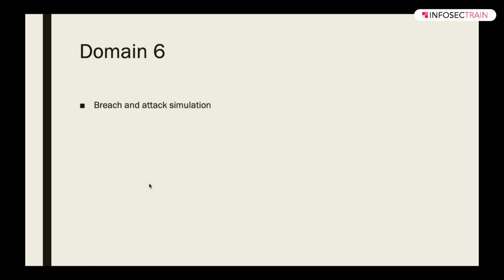Let's move to domain 6. Domain 6 has always been a shorter domain in terms of content, but it includes a lot of technical concepts because it is your security testing. It talks about audits. It talks about conducting a security test on an application or a network, identifying any vulnerabilities, and performing penetration testing.